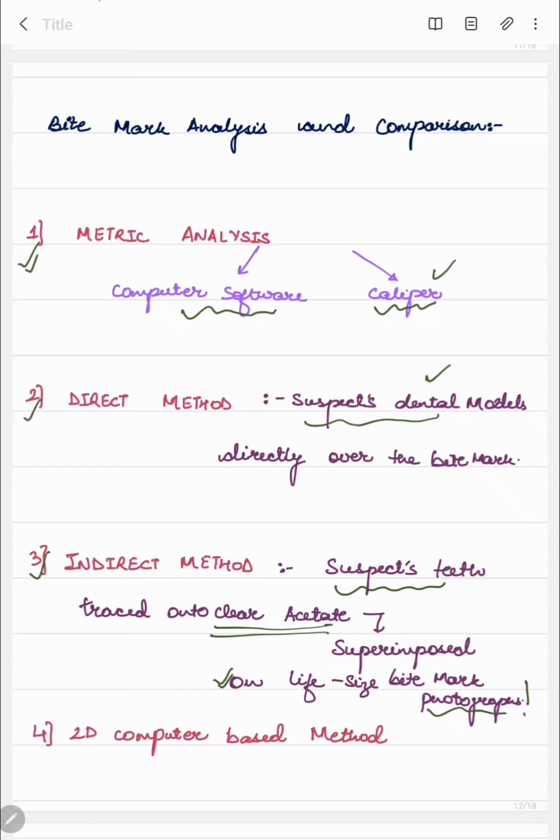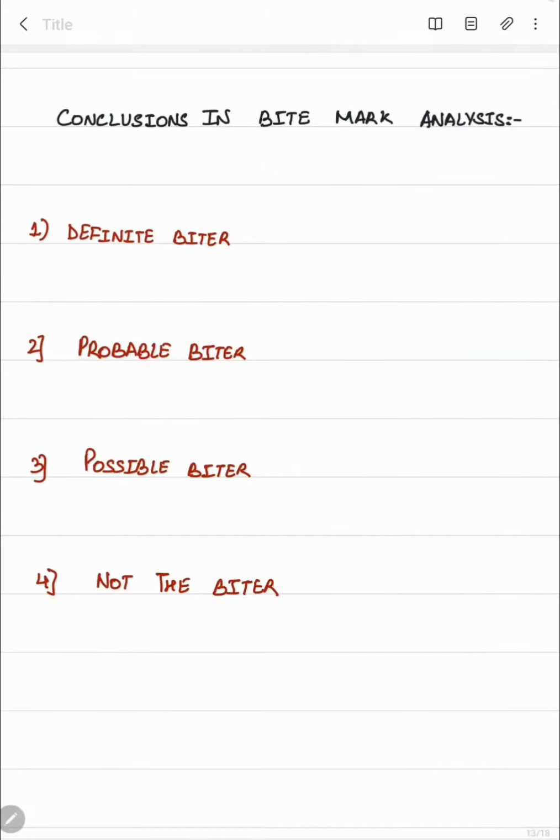And lastly, 2D computer based methods are also used, which use software programs such as Adobe Photoshop. So this is the name of the software that is used in 2D computer based methods.